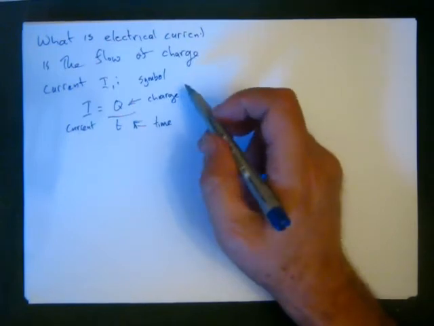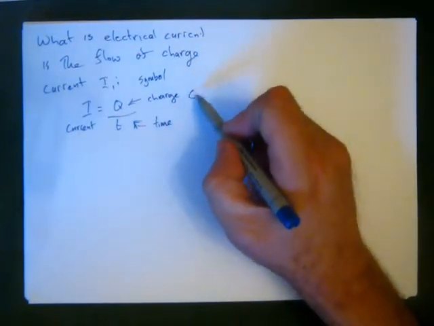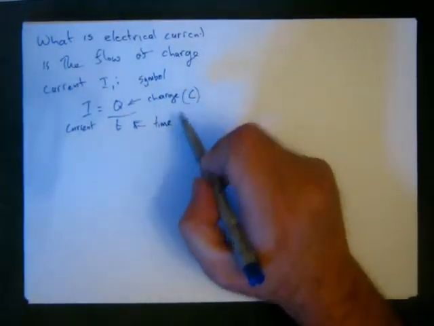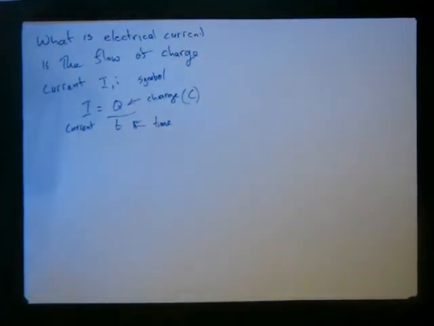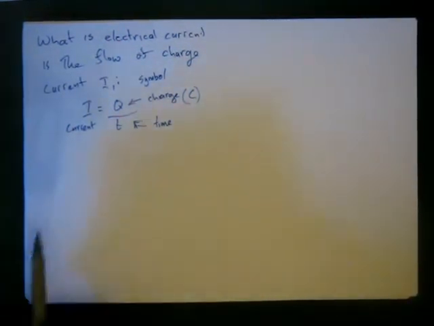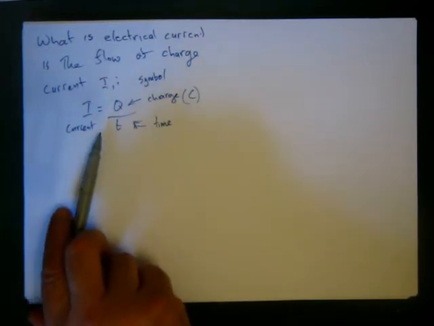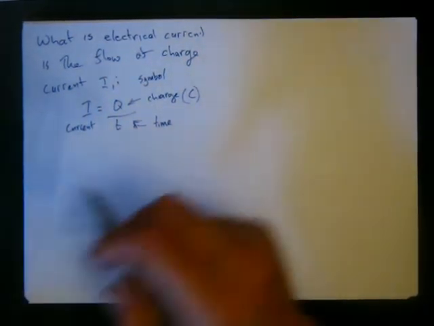Usually the charge is going to be measured in coulombs. Remember, 1 coulomb is what, 6.24 times 10 to the 18 electrons? Something like that. 6.24, yep. So time is measured in seconds.